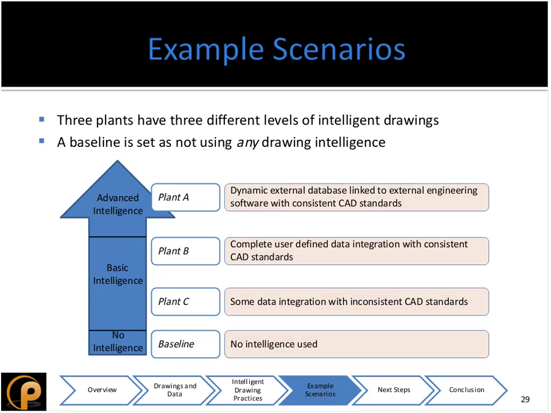Plant A has the external database. Plant B has the complete user-defined data integration, so all blocks and all attributes. And then Plant C has some data integration, but maybe inconsistent CAD standards. So let's go through 3 scenarios and see how each facility handles that scenario.